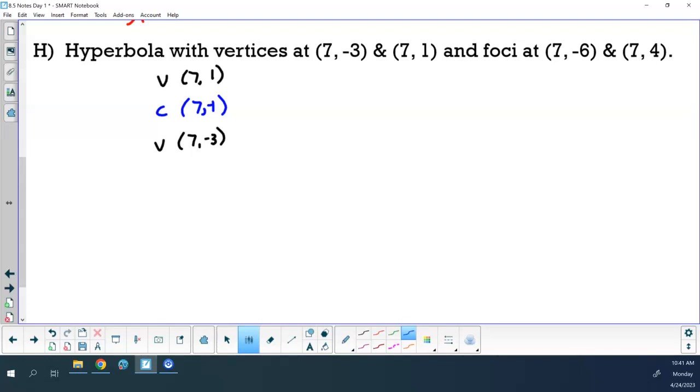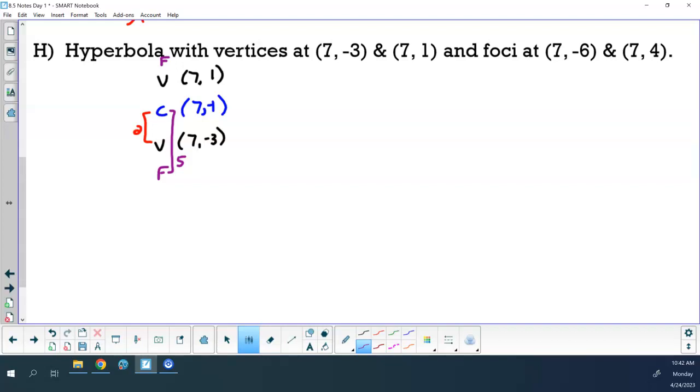A distance of 2 there. That would put my foci up here and down here. So this would be 7, comma negative 6. So that distance there would be 5.